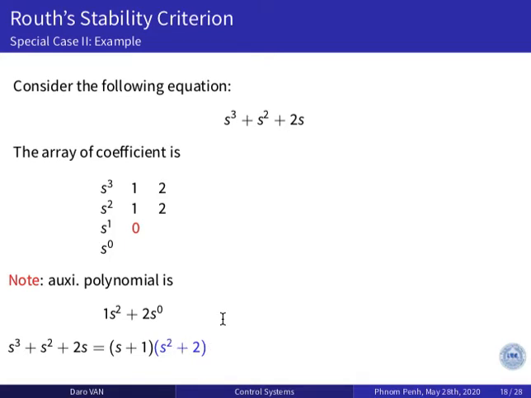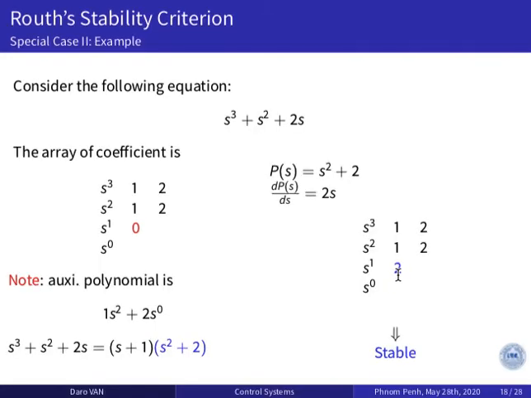So the auxiliary polynomial is a factor of this one. The auxiliary polynomial is s squared plus 2, and then you take the derivative, which gives 2s. So you just need to put this 2s here as the coefficient. There is no sign change here, so the system is stable.